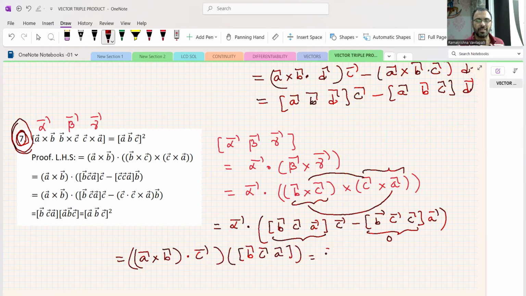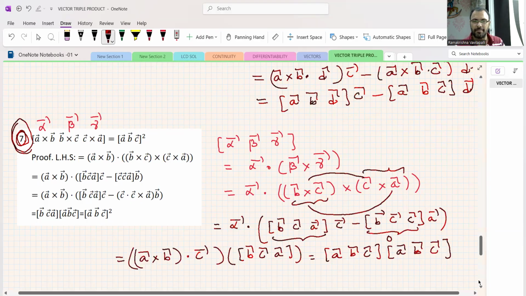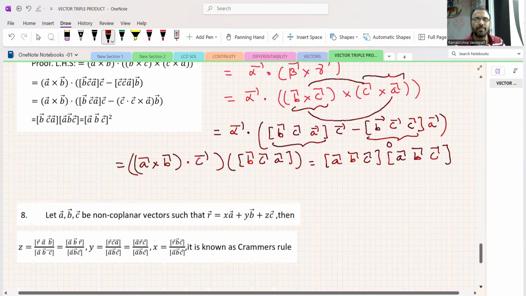So therefore, this is nothing but box of ABC into box of ABC. This is very, very important to find the volume of the parallelepiped formed by A cross B, B cross C, and C cross A. If possible, I'll keep that example.